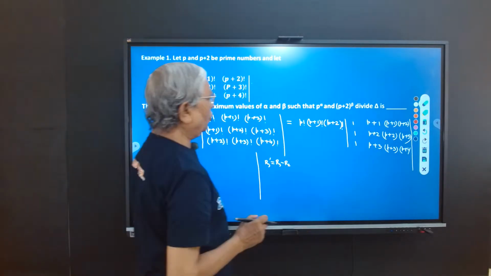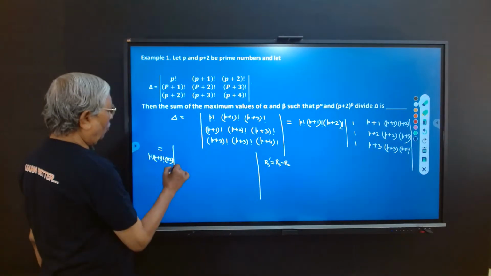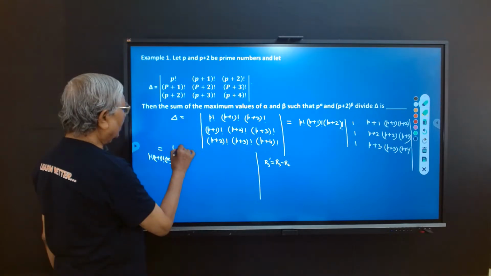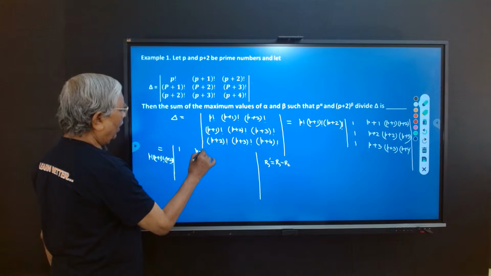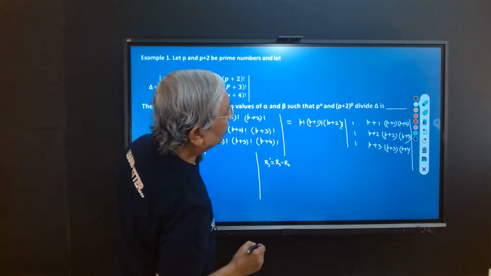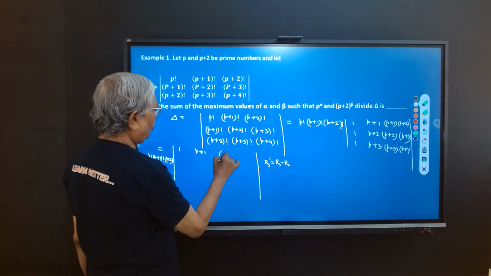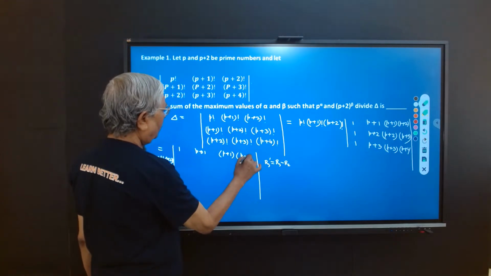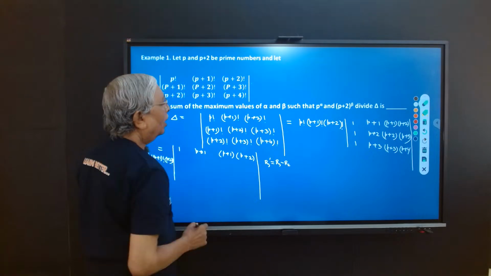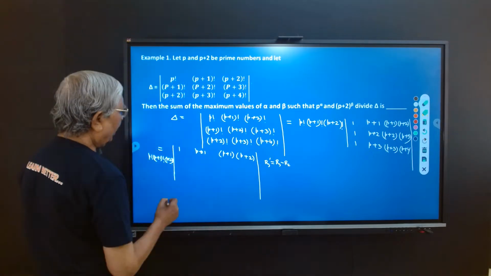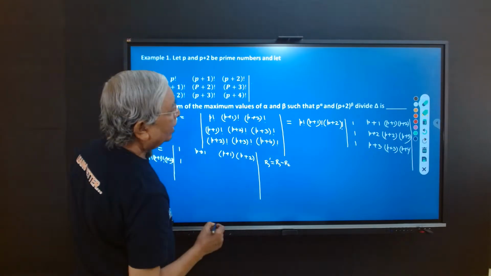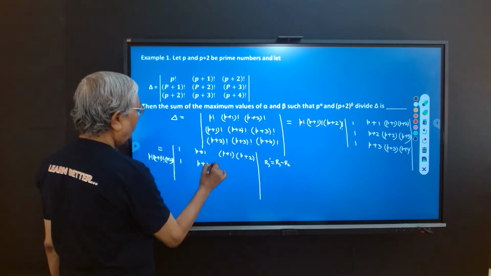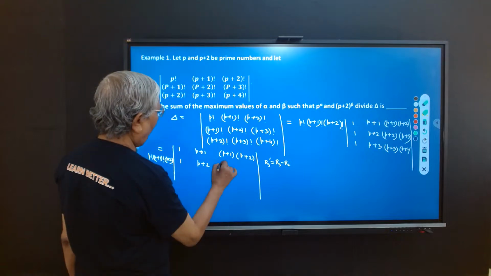So the first row will remain the same: 1, p plus 1, p plus 1 into p plus 2. The second row is 1, p plus 2, p plus 2 into p plus 3.